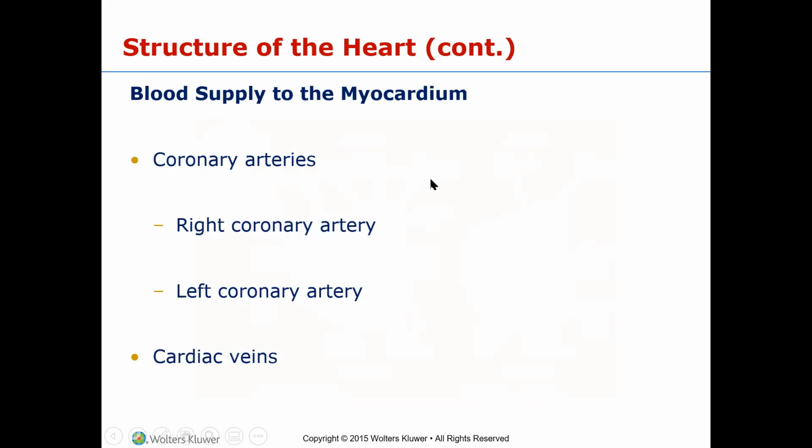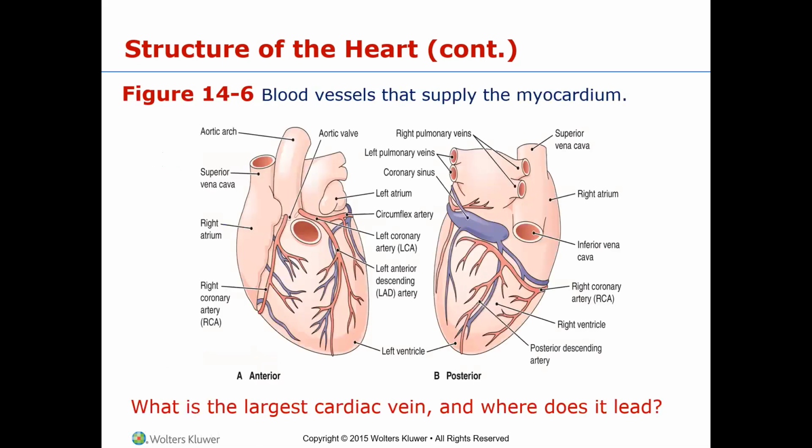When we look at the blood supply to the heart itself, it's being supplied by coronary arteries and veins. The 2 major arteries are the right coronary artery and the left. And then, of course, we have those that are sending the blood back to the heart, and those are the cardiac veins.